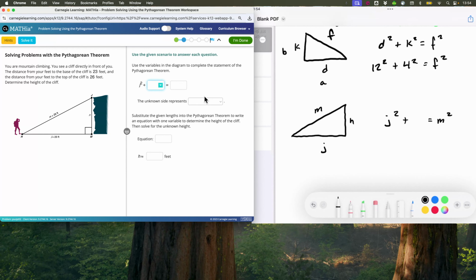And so the H must be our other piece. So again, matching this up to a squared plus b squared equals c squared. That's really what's going on there. The j is the same as a, the h is the same as b, and the m is the same as c. So b to the power of 2.